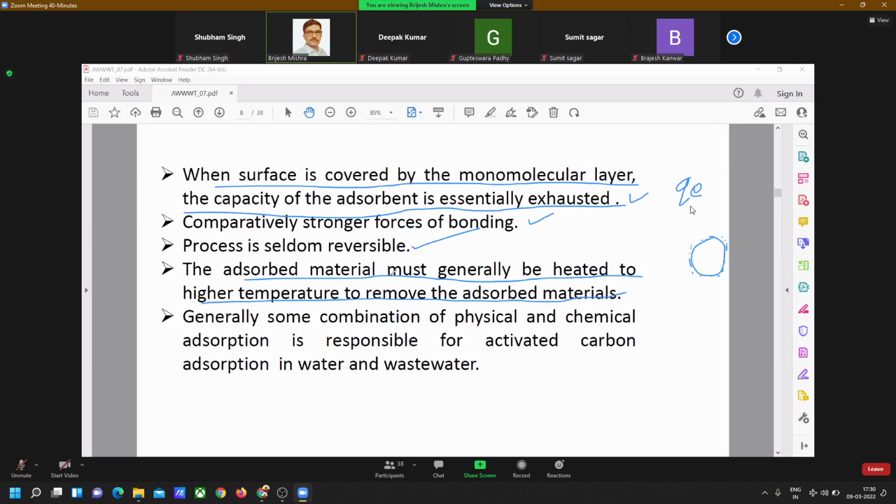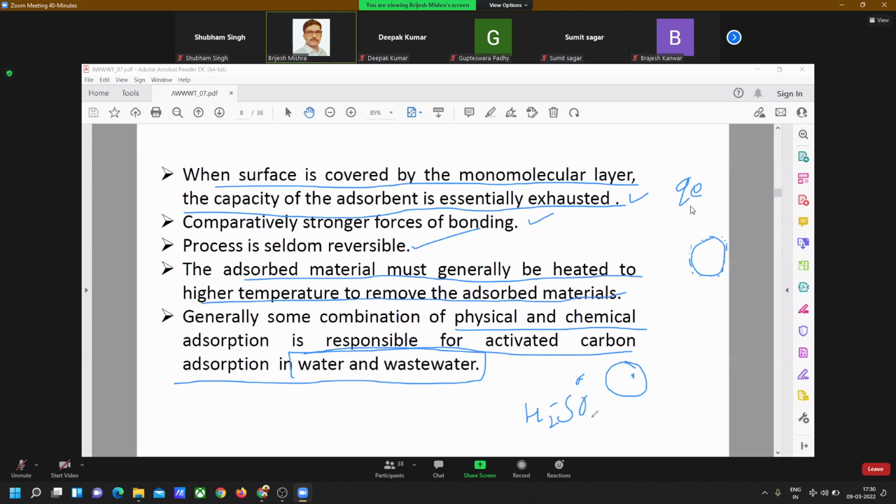Generally, some combination of physical and chemical adsorption is responsible for activated adsorption in water and wastewater. This is very important. So what happened? Sometimes we chemically modify with the help of simple H2SO4.